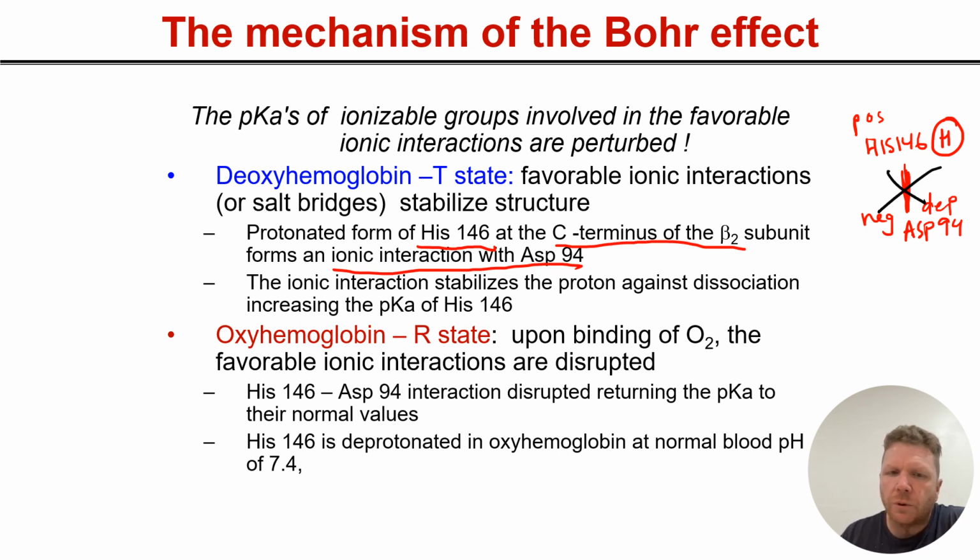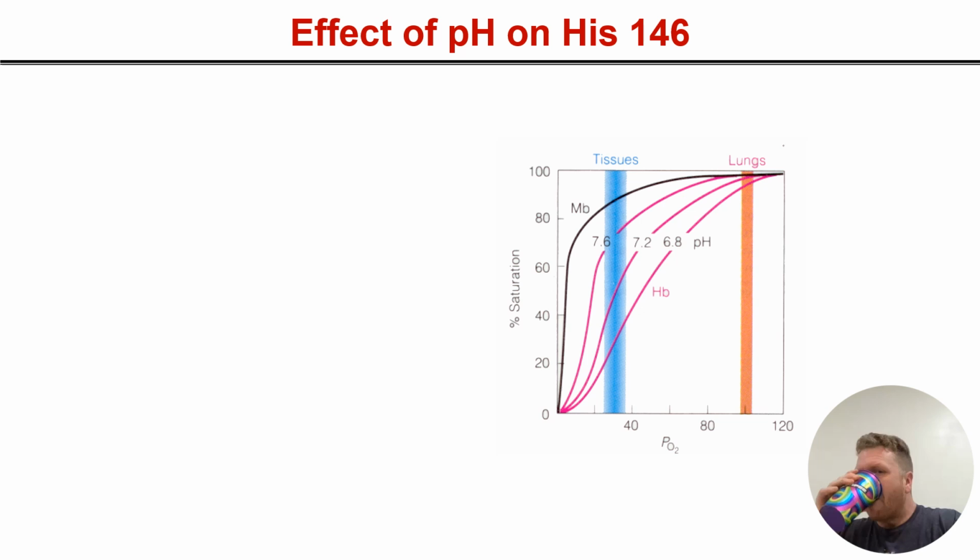The histidine 146 aspartate 94 interaction is disrupted, returning the pKa to its normal value. His 146 is deprotonated in oxyhemoglobin at normal blood pH of 7.4. This slide right here, this figure right here, is very, very important for understanding the significance of a couple of different things.